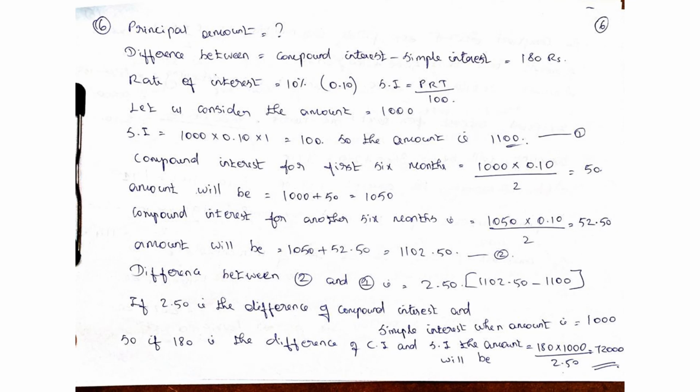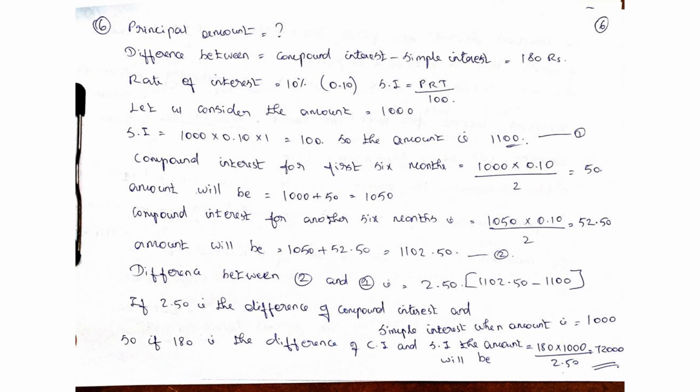This is the simple interest. Now we need to find the compound interest for the same 1,000. 1,000 into 0.10 divided by 2, because it is compounded half yearly. We'll get 50. Amount will be 1,050. For another 6 months, again the amount will be 1,102.50.